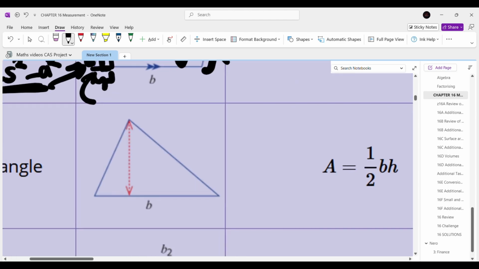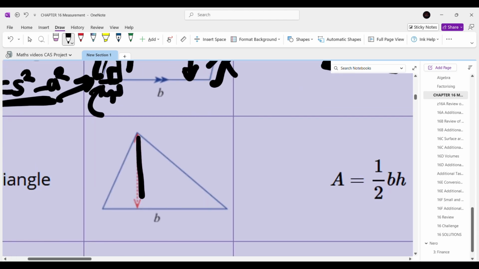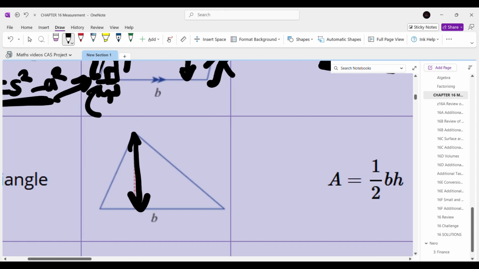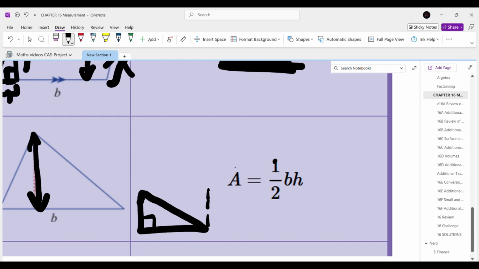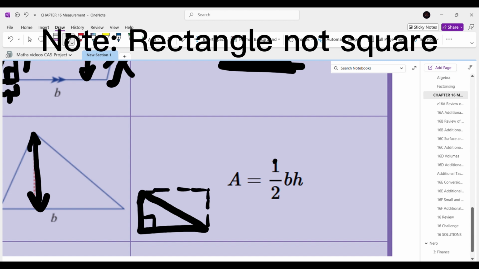And then next for a triangle, once again it's the perpendicular height. And this time it's half times base times height. The reason it's half here is because if you have a triangle like this, a right angle triangle, and we were to fill this in, this would be a rectangle, right?